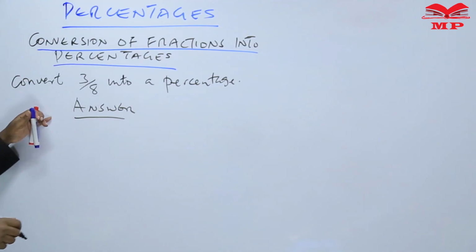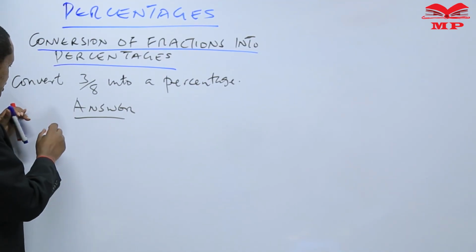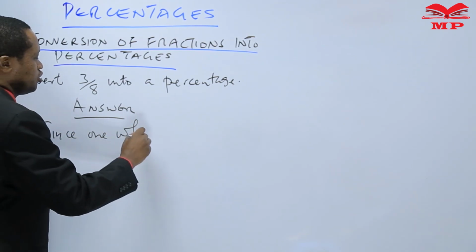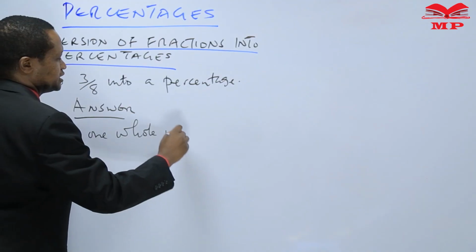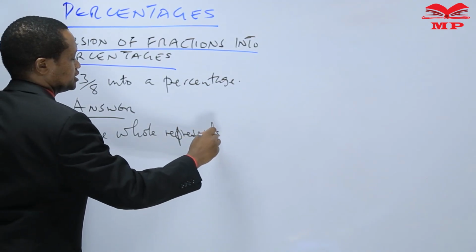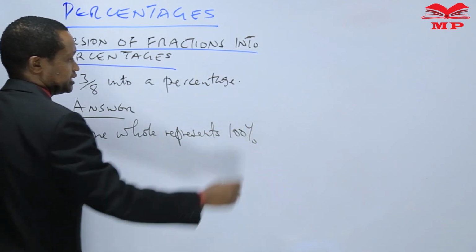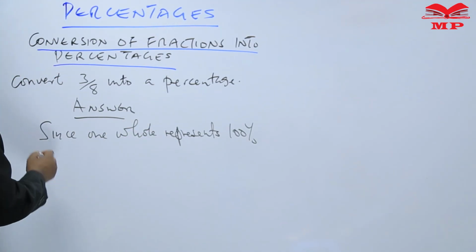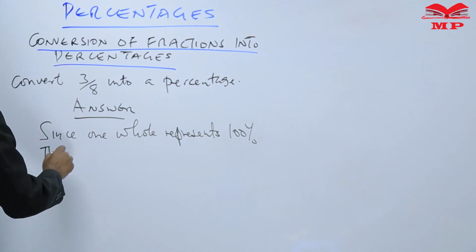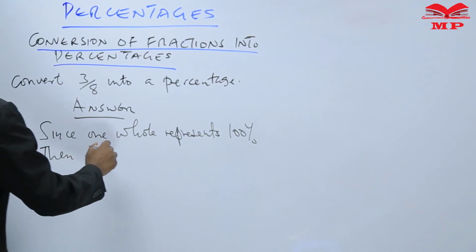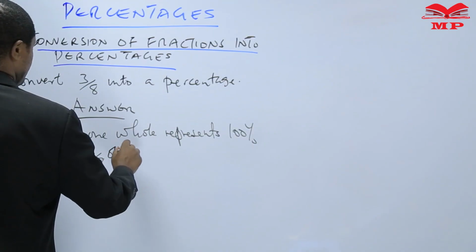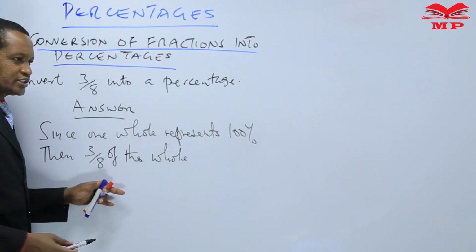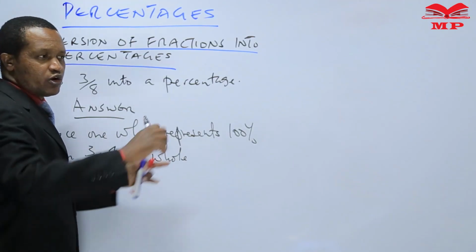Now since one whole represents 100%, then 3 over 8 of the whole, because a fraction is just a part of a whole.